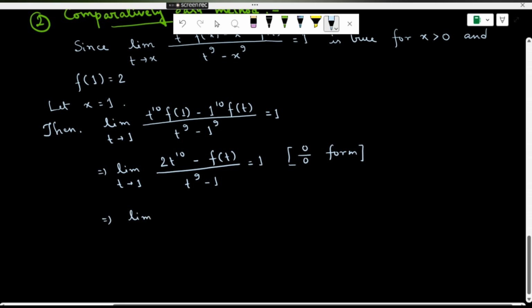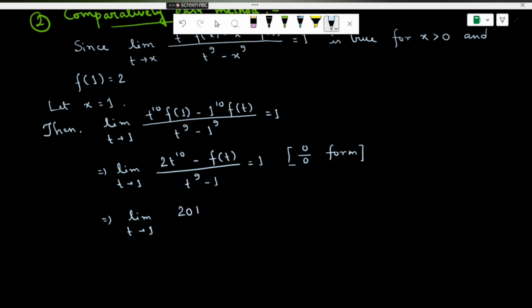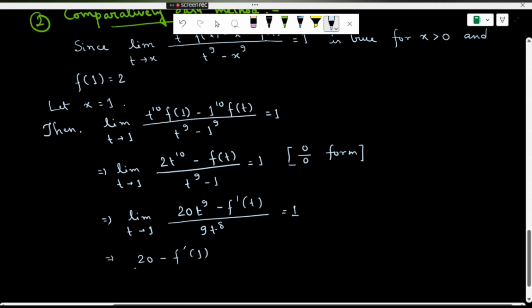So limit t tends to 1, we will write the derivative of the numerator and denominator both. So 20 t to the power 9 minus f dash t by 9t to the power 8 minus 0 is equal to 1. So now if we put t as 1, you can observe that it is not 0 by 0 form.